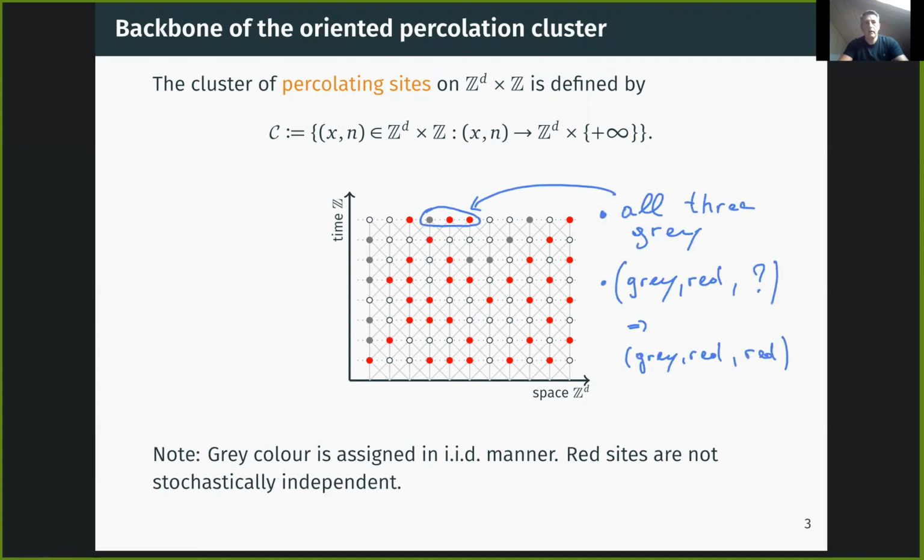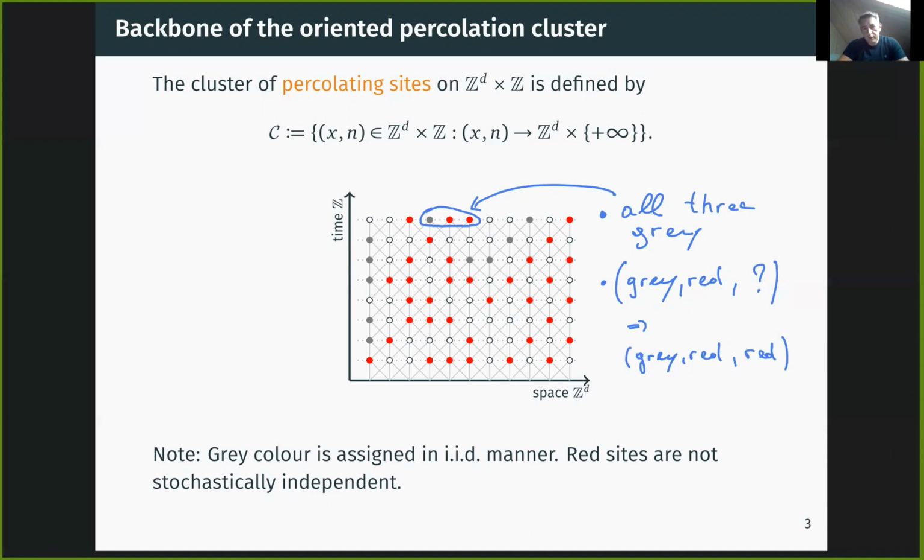One other property of this cluster is that we started off with gray colors, which were assigned in an IID manner, but the red dots, which are read off from the gray ones, are dependent.